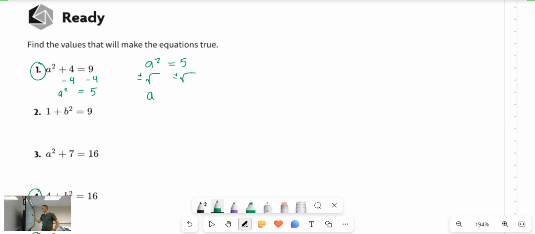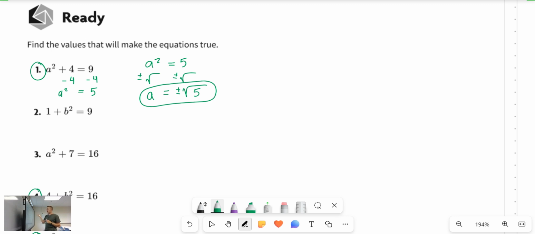and we end up with just A, because when we take the positive or negative square root of 5, we have either the positive or negative square root of 5. You might think, well, that doesn't make much sense. What do you mean? This is our answer. There's two different answers here. Because if the square root of 5 is, let's say, maybe 2.2, it's probably pretty close to 2.2.